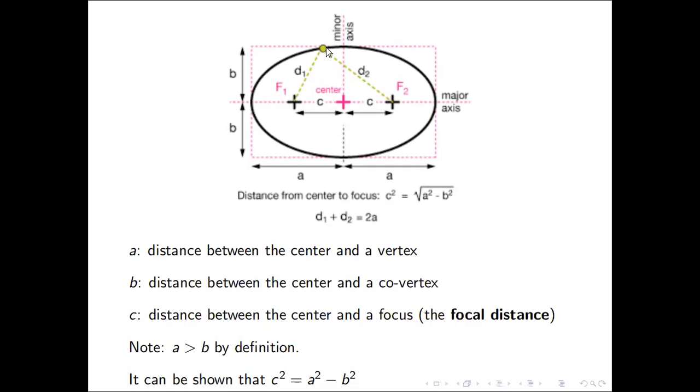In the figure here, it would be d1 plus d2. That constant sum of distances can be shown to be equal to 2a, which is the length of the major axis. Again, we won't be proving that.